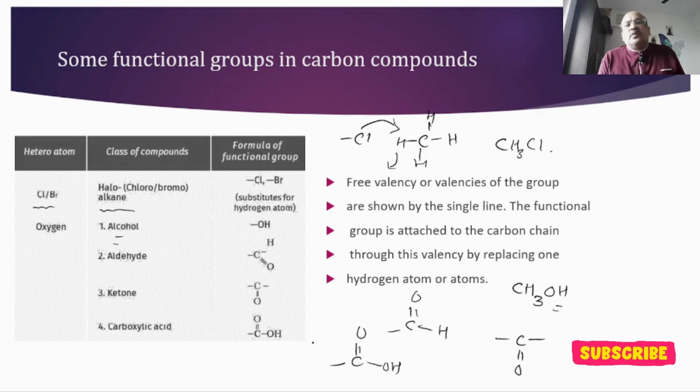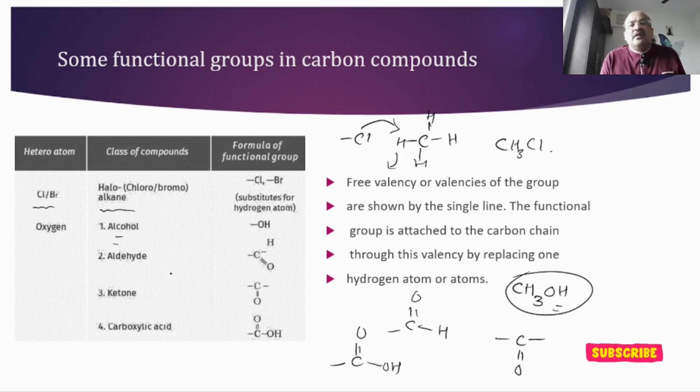So this is what we have learned today about the functional groups and how important they are. That's how you make alcohol, and then you will get aldehyde also. Now we are going to see how to name all these compounds.